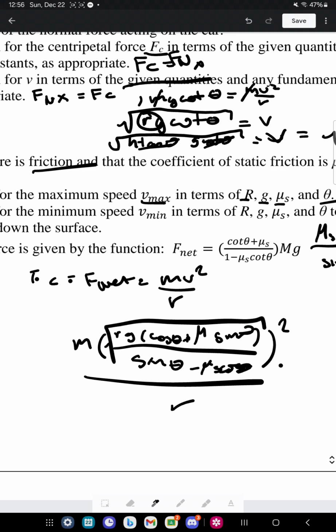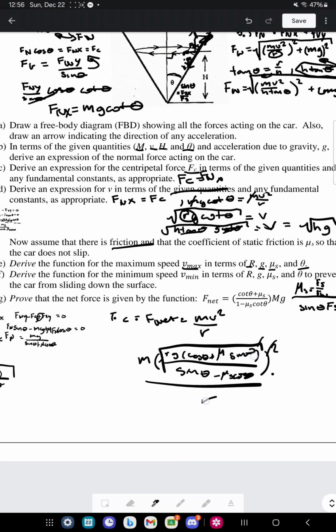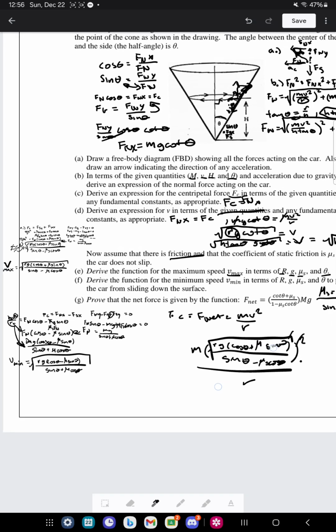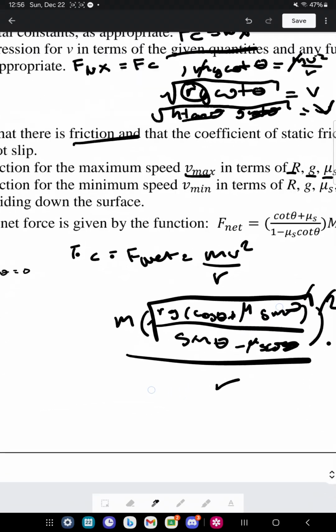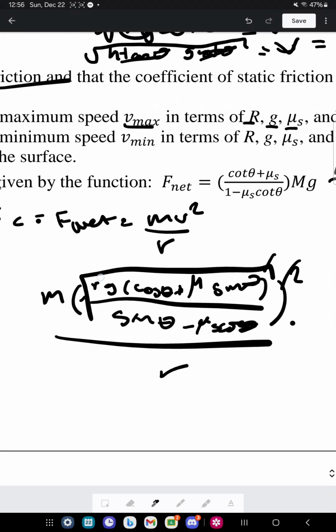Forgot the square root, but that in the square cancels out. So we're left with m r g times (cos theta plus mu sine theta) over (sine theta minus mu cosine theta) over r. And let's see, the r's also cancel out.